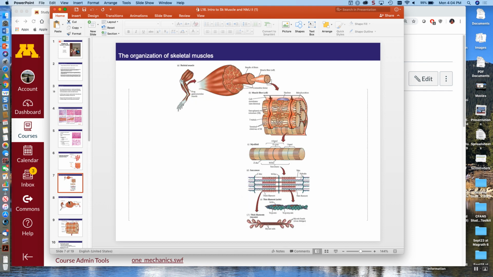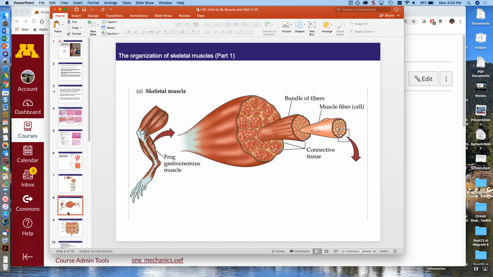All right, so let's look at the anatomy of the muscle. You can see this is a nice diagram of a whole muscle. And if you start to break it down and do a cross section of that muscle, you can see that it's organized in bundles of fibers. This is one bundle of fibers. And then if you look at each of these bundles, you can see that they're made up of muscle fibers.